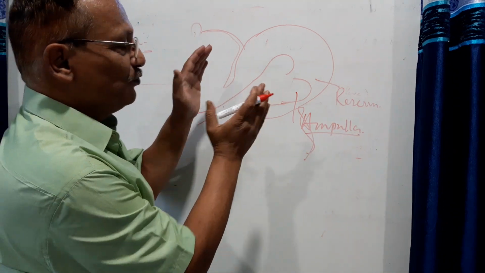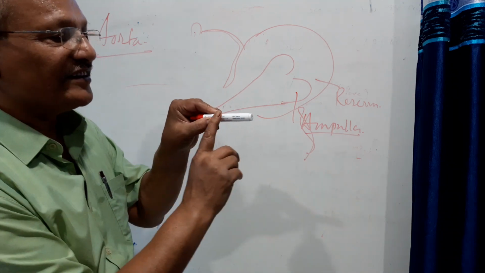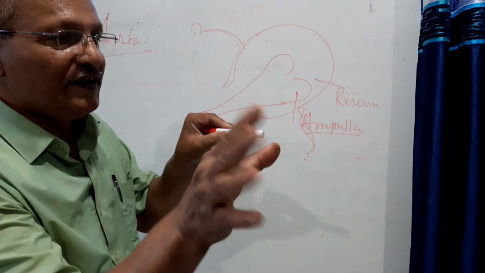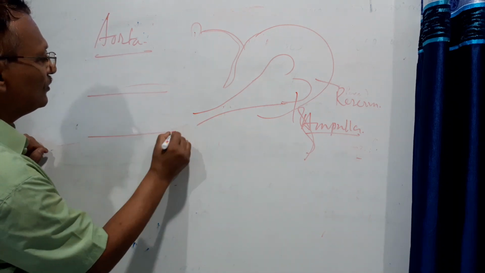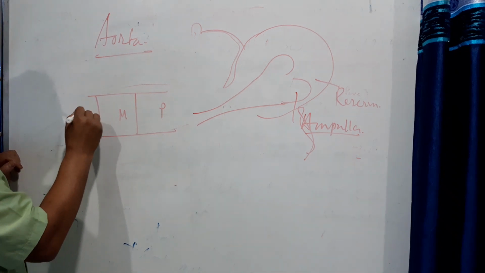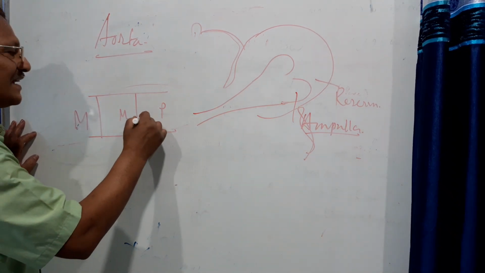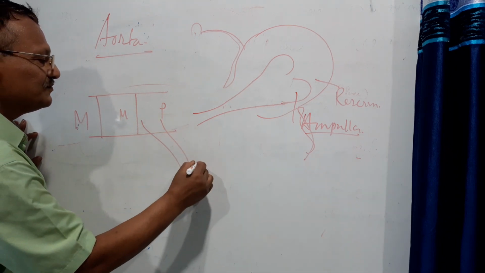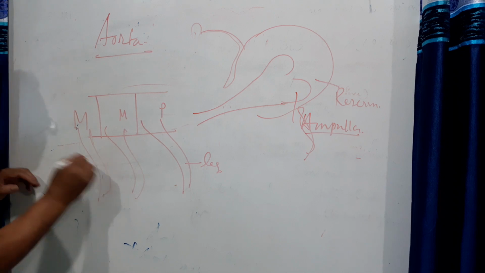Suppose this is an insect. It is the dorsal side, it is the ventrolateral side. The pro, meso, and metathorax. Legs arise from each segment, is it not?